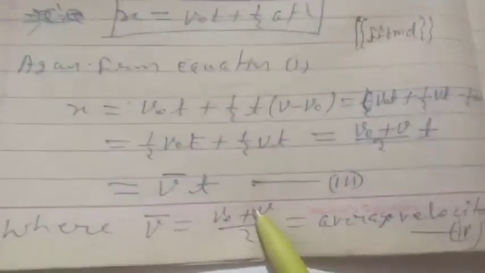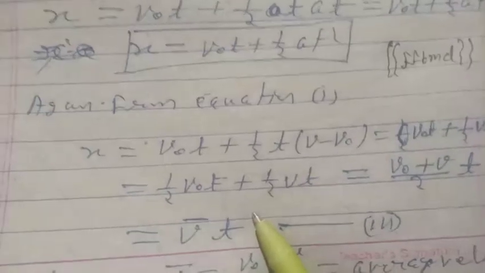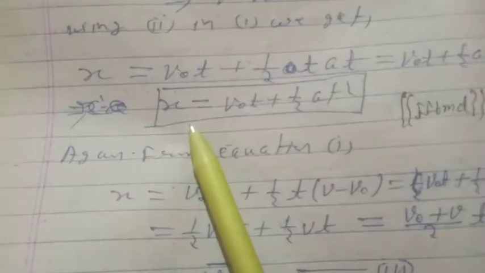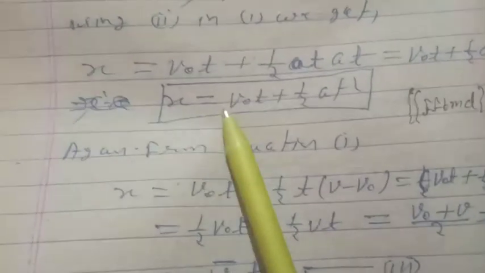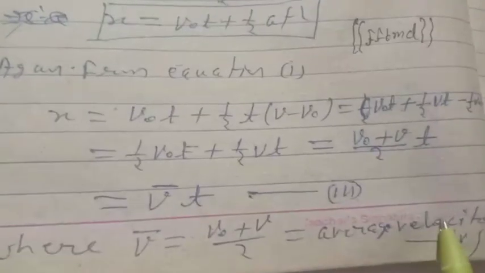So we have calculated two formulas for displacement. The first one is x equals v naught t plus half at square, and the second one is x equals v average into t, where v average is v naught plus v by 2. That is average velocity.